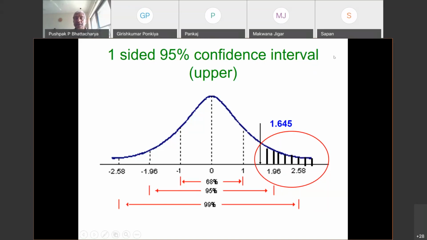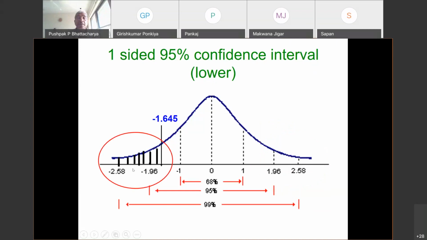Since I'm not able to make use of the negative side probability, this 1.96 will shift leftwards. I have to cover 0.05 area, and I'm not able to get 0.025 from the negative side. So the Z critical now becomes 1.645. The area from 1.645 to infinity is 0.05. So the area to the left of 1.645 is 95%.